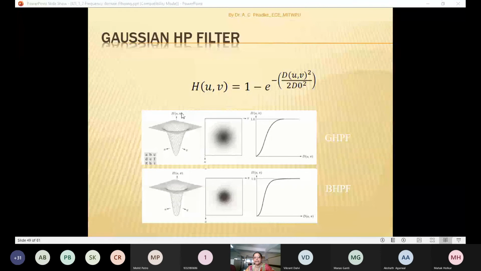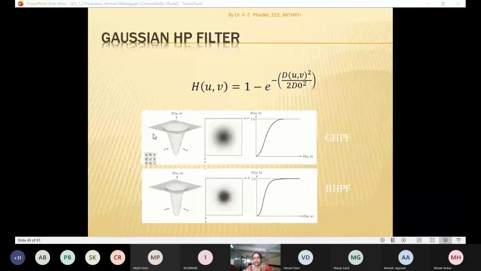If you look at the shape of the Gaussian high pass filter, all the frequencies inside this Gaussian shape are attenuated slowly, and all the frequencies outside the Gaussian shape are passed as they are, or for them the gain is maximum.